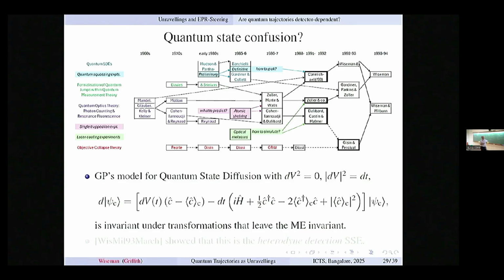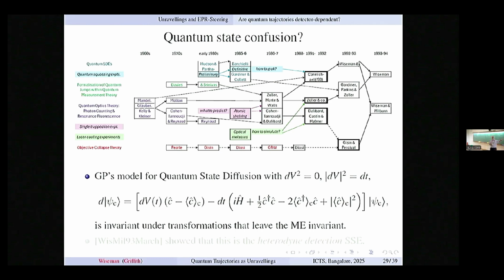The noise here is not real but complex, so the Ito rules are that dB squared is 0, but mod dB squared is dt.